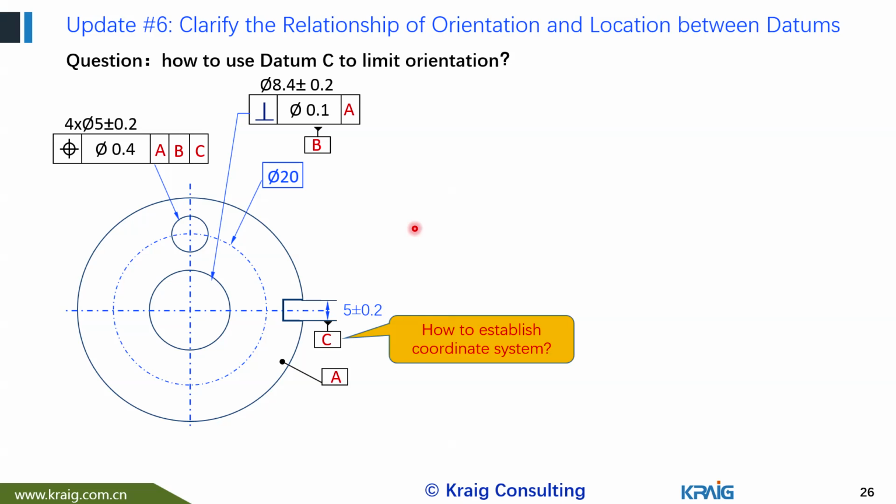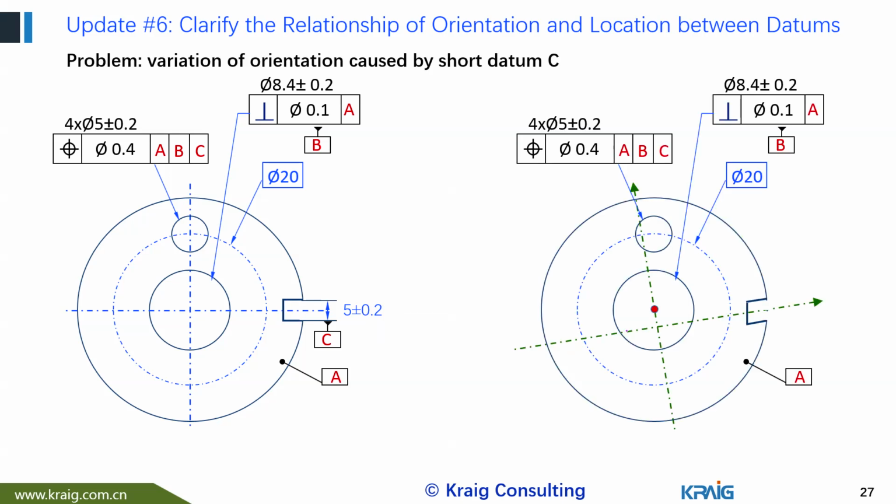Again, the default requirement of ISO GPS means datum C, which is the center plane of this slot here, is not required to relate to datum B. So with the default standard, even if datum C is tilted, we still use the center plane and extend it, and then move to here, and then we get the coordinate system.